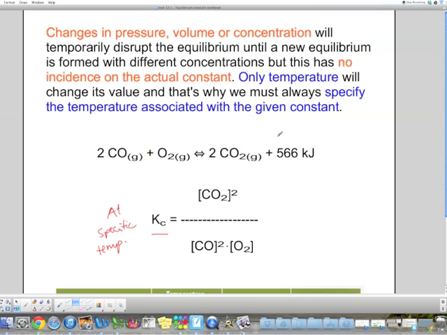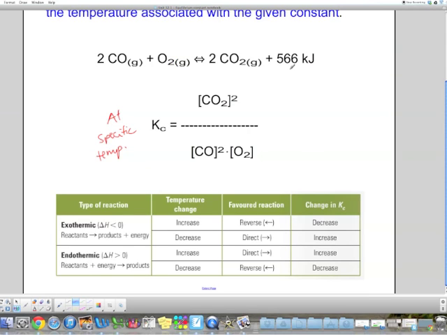So if, for example, I look at this reaction, I can see that the reverse reaction needs the energy. So if there's an increase of energy, I'm adding energy that's favoring the reverse reaction, we said. So the reverse reaction means I'm going to be making more reactants and depleting my products.